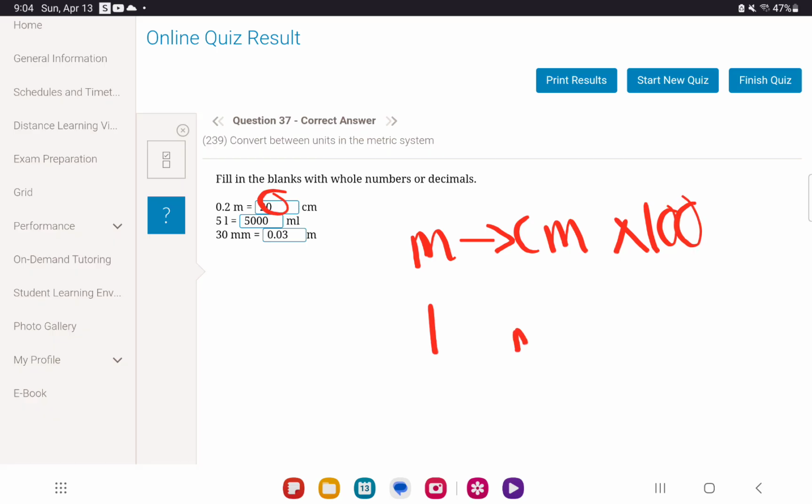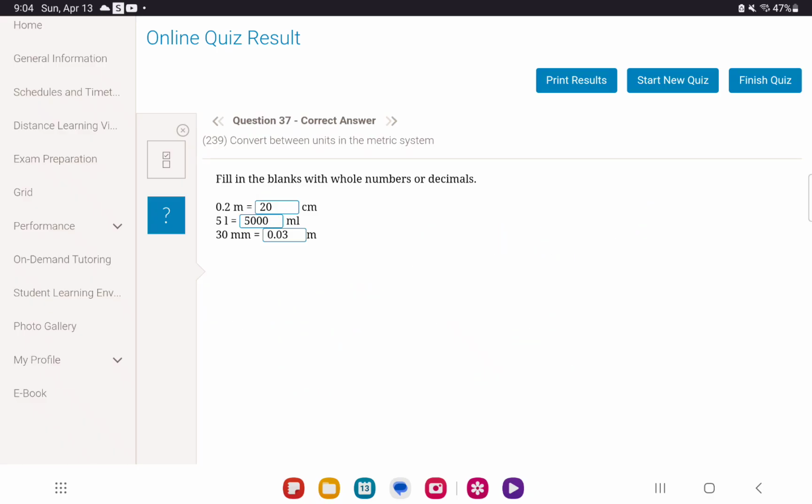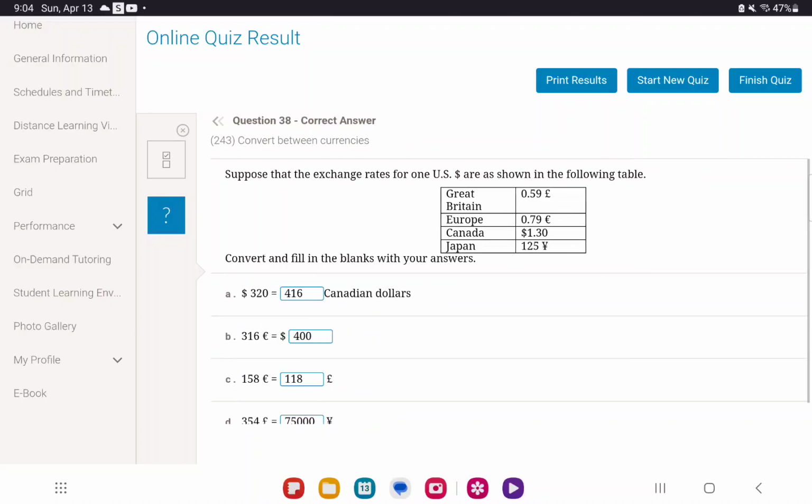From liters to milliliters, it's times 1,000, so 5 times 1,000 is 5,000. And then from millimeters to meters, it's divide by 1,000. So 30 divided by 1,000 is 0.03. That's that question. One more question left, which is the last question.